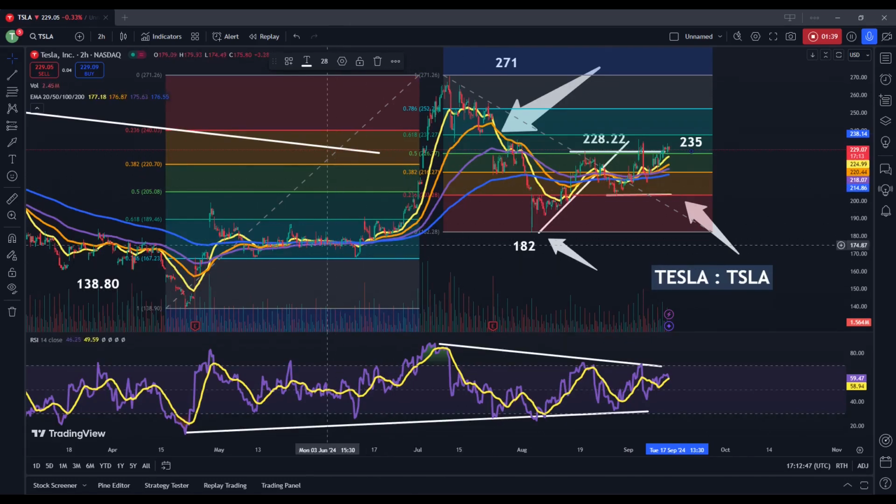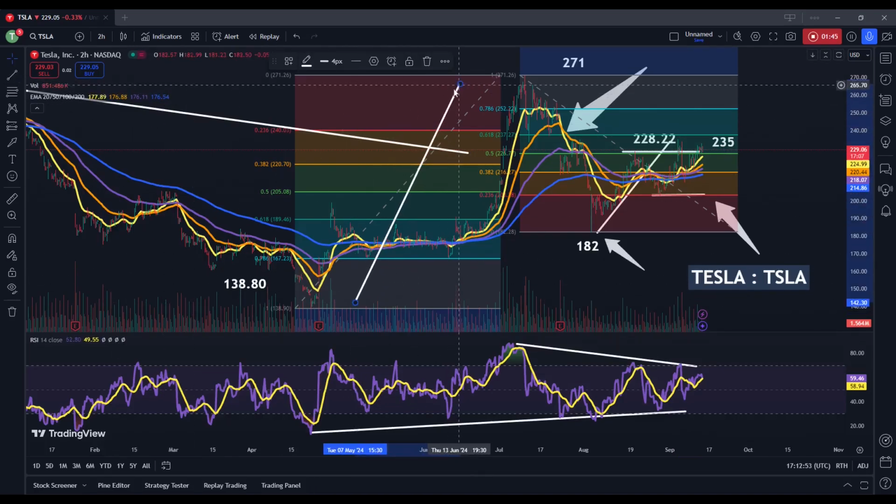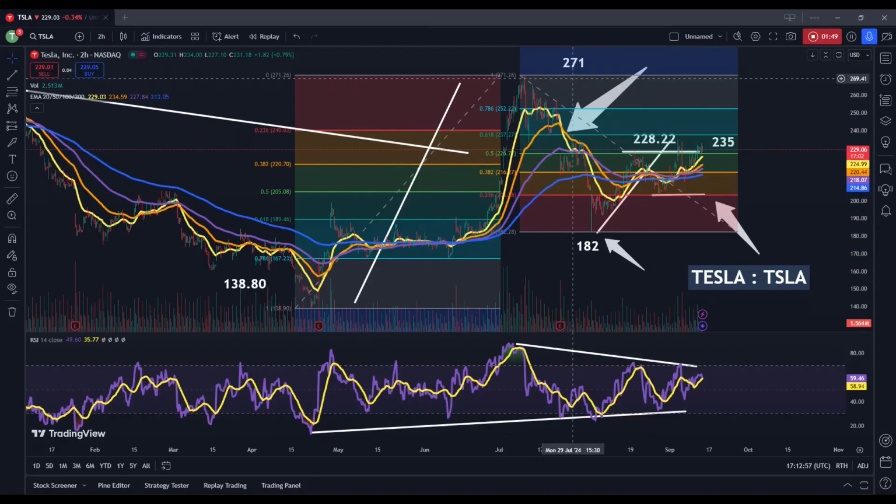So specifically what we have here is this initial price wave movement in the bullish direction, which measures prices from the lows at 138.80, moving all the way to the recent highs coming in at $271. Since then, of course, share prices have taken a major movement lower. Share prices dropped to $182 on a spike basis.